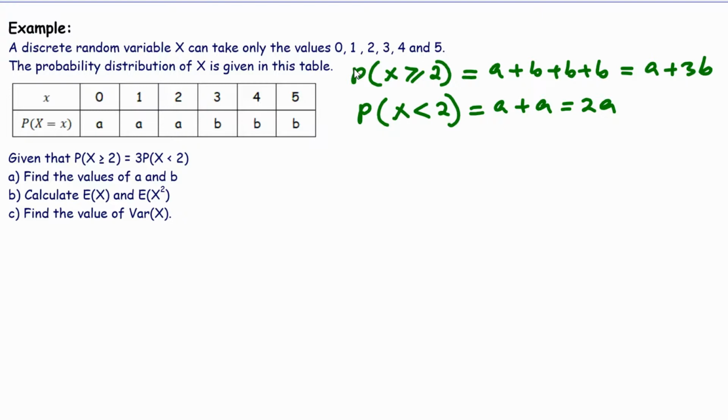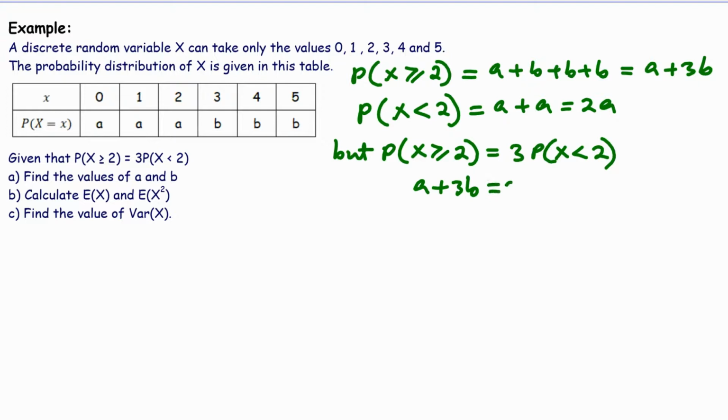And then we have this condition here that the probability x is greater than or equal to 2 is equal to 3 times the probability x is less than 2. And so we can use that to put these two expressions together. So a plus 3b will be equal to 3 times 2a.